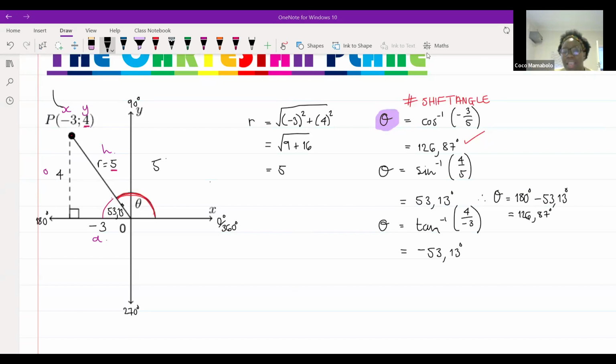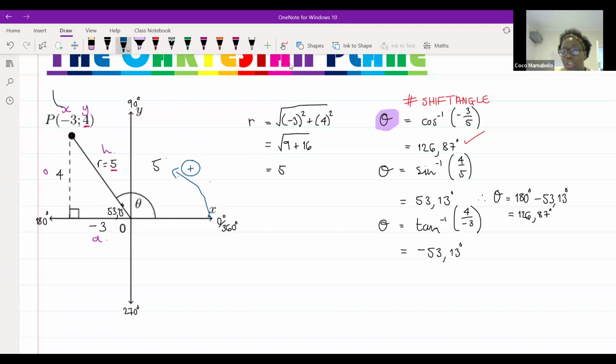Now, let's think about what's happening with tan. Tan gives us a negative number, right? Now, if I look at the way that my Cartesian plane has been set up, I go from 0 anti-clockwise to go to 90, so my positive numbers are moving in the anti-clockwise direction.